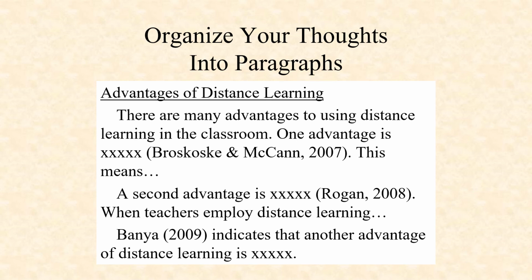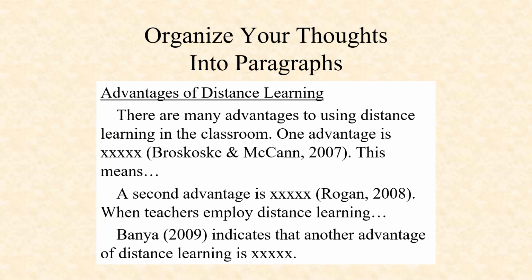Now, at times, I may go back to the same article and pull out more than one point, and that's quite understandable. But notice that in most of the paper, meaning all of the sections, but not the introduction or the conclusion, I will have cited at least one article, because in a research paper, we're trying to cite evidence to back up our claims.